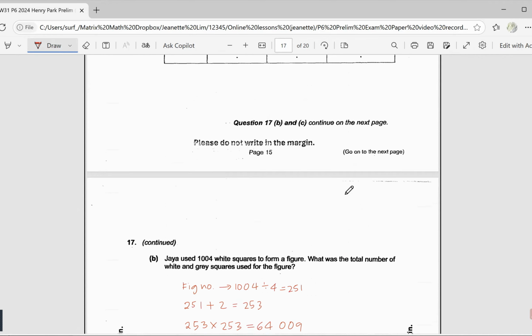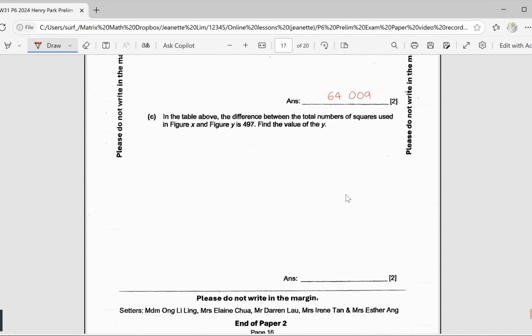Okay, so let me write it out here. For the figure number, we have 1, 2, 3, 4, and so on, until figure X, figure Y. The total number of squares will be these. Then now the increase here. So this is basically what I wrote earlier.